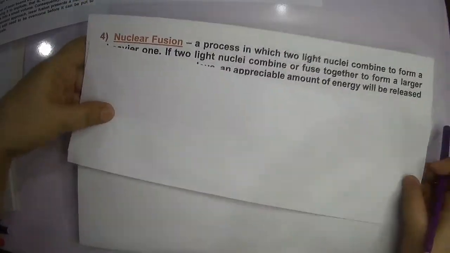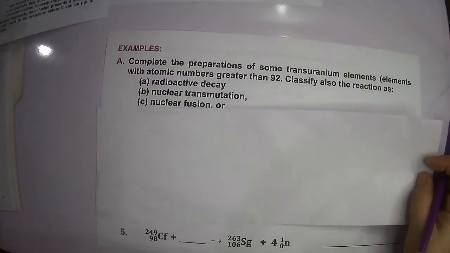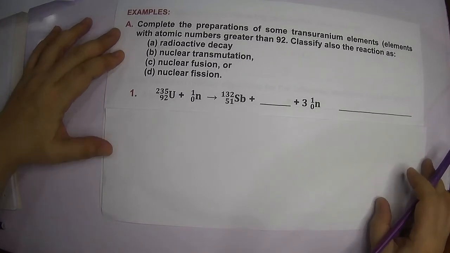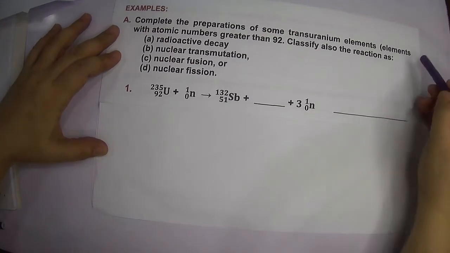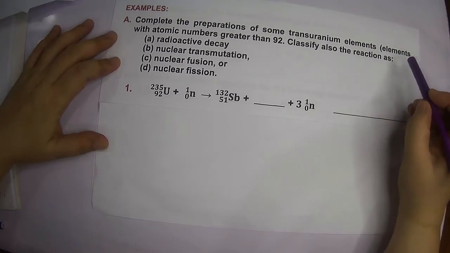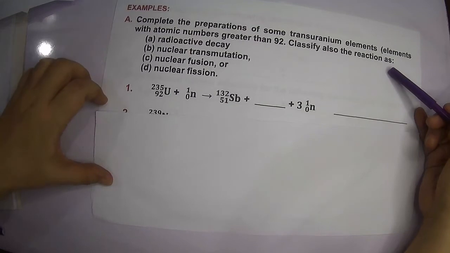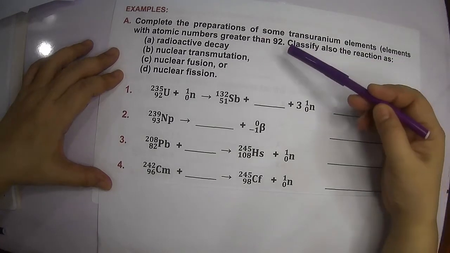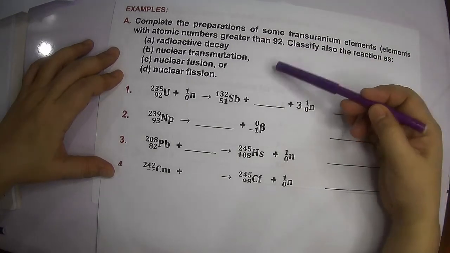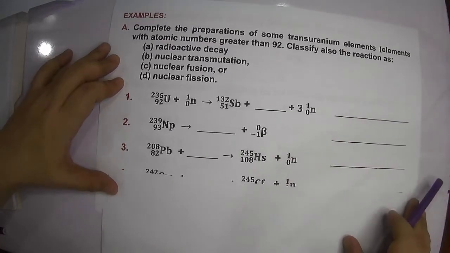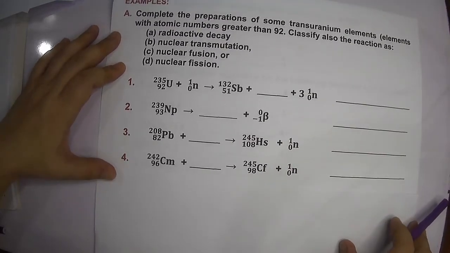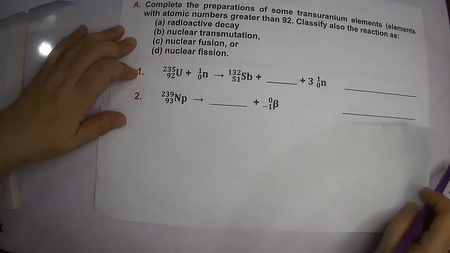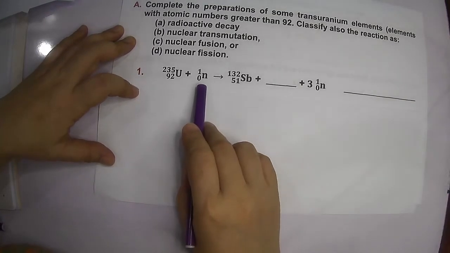Okay, moving on to the types of nuclear reaction, let us have an example. For part A, we are asked to complete the preparation of some transuranium elements. These are elements with atomic number greater than 92. Classify also the reaction as radioactive decay, nuclear transmutation, nuclear fusion, or nuclear fission. Okay, for the first example, we have here uranium being bombarded by a neutron.